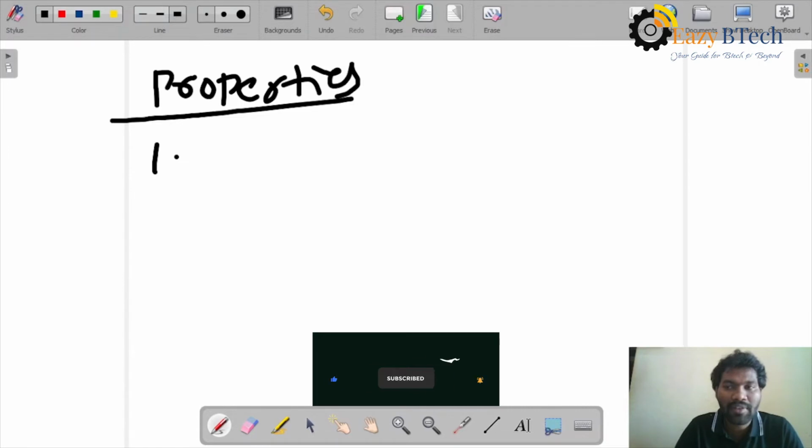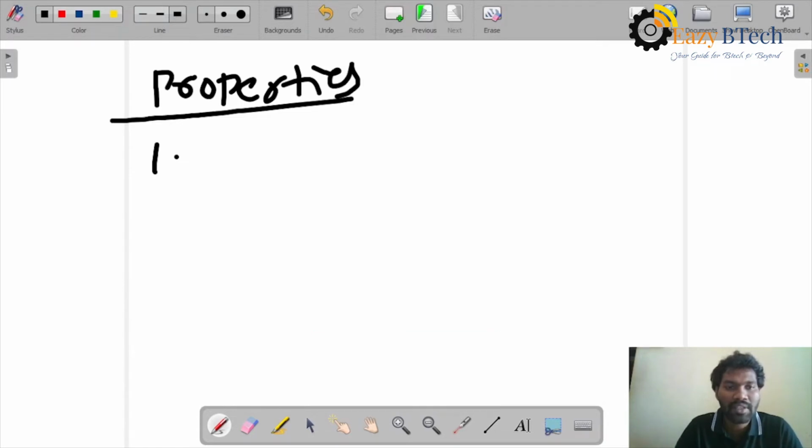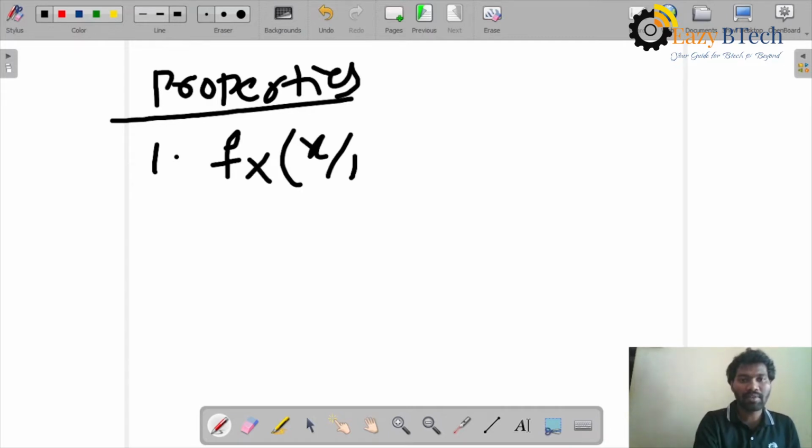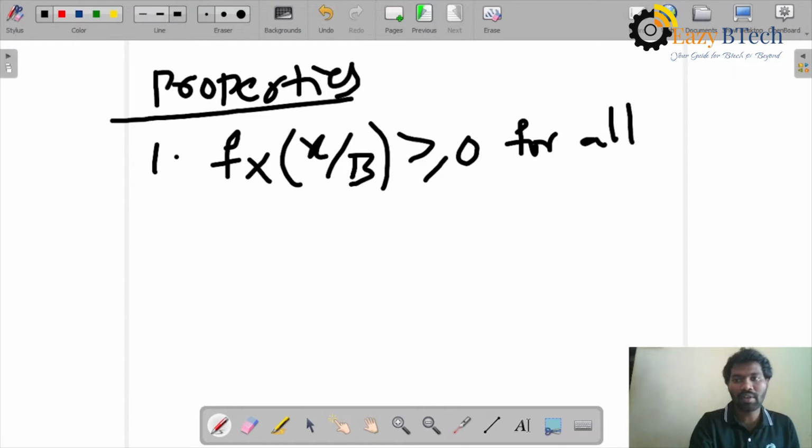If you know the properties of the density function, that is small fx(x), we can easily write the conditional density function properties. So the first property is fx(x | B) is always greater than or equal to 0 for all values of x.